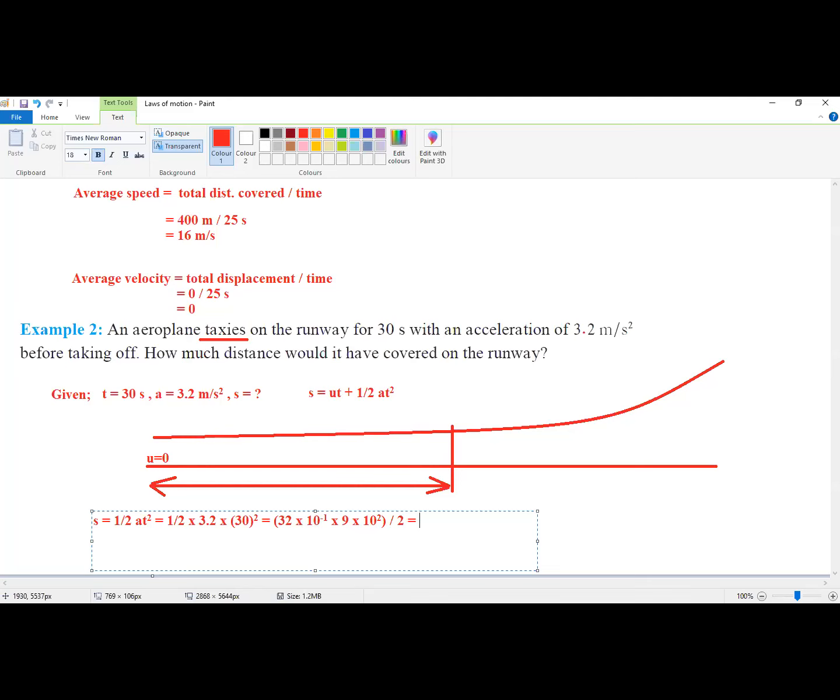Okay, now let's simplify it further. 32 divided by 2 is 16. 16 into 9 into 10 raised to 1, so it is 90. 16 into 90, how much will it be?